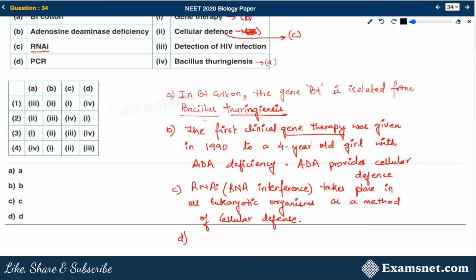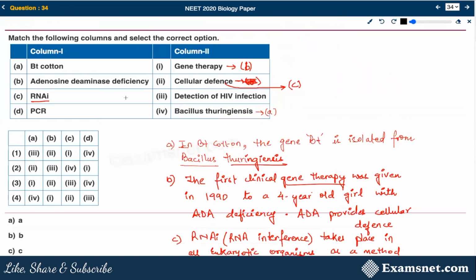And the last one which is left is the PCR, and we all know that PCR, polymerase chain reaction, is one such method which has now been used for detecting the HIV infection in patients. So the option D will be over here.